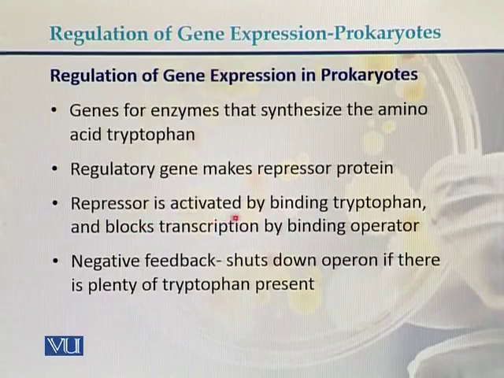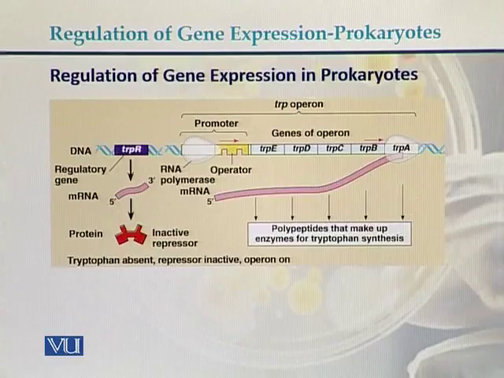The repressor is activated by binding tryptophan and blocks transcription by binding the operator. Negative feedback shuts down the operon if there is plenty of tryptophan present. So these are some of the cascades or systems by which gene expression is regulated in prokaryotes.